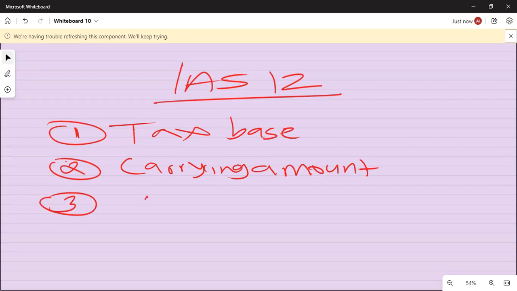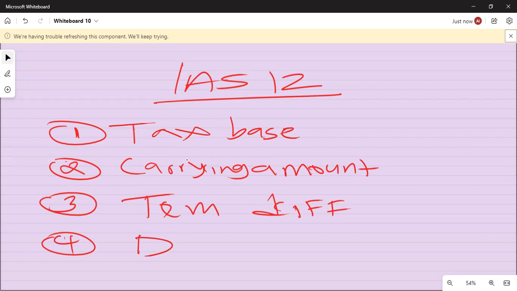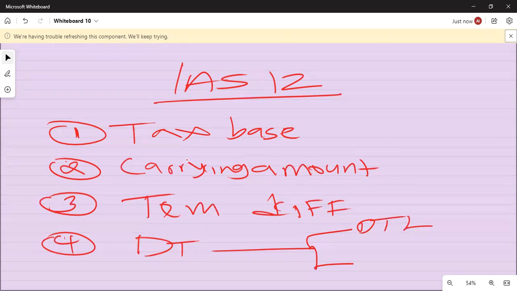And there's also what we call temporary difference. Then number 4, we have what we call deferred tax. This deferred tax is now divided into two. We have deferred tax liability, and we also have deferred tax asset.